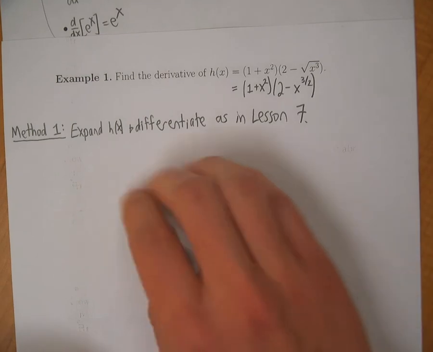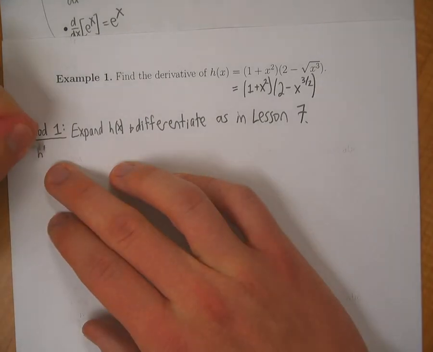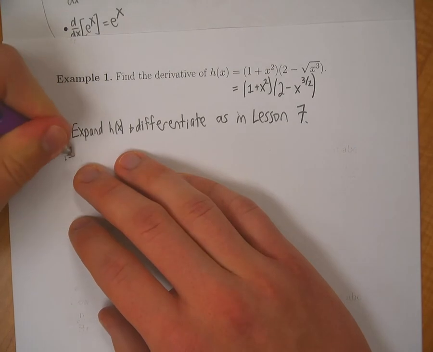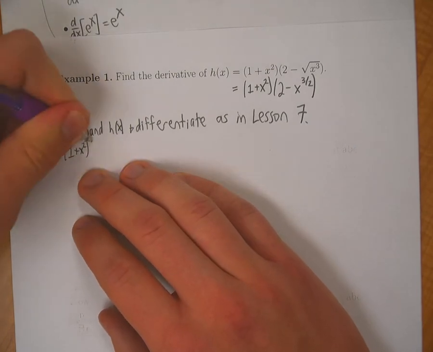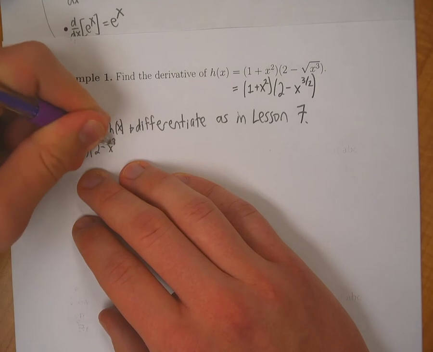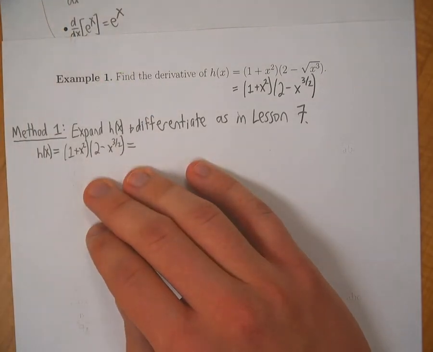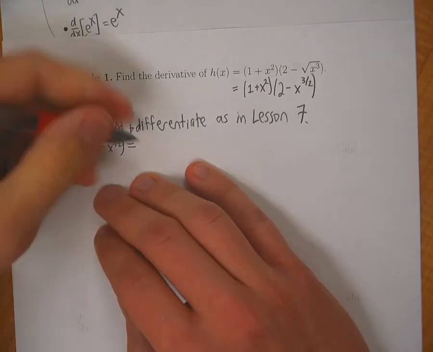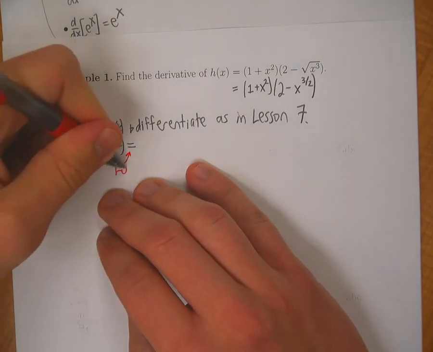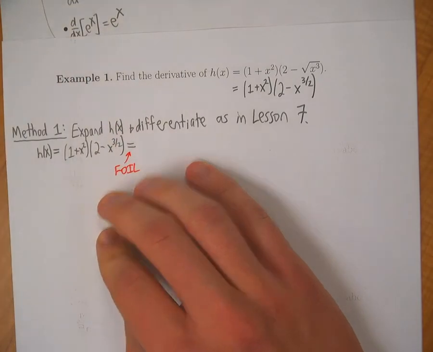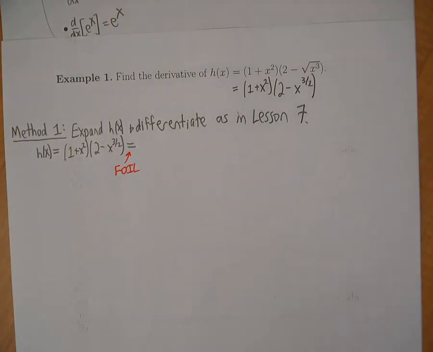So here's what I mean by that. So h of x, if we have 1 plus x squared times 2 minus x to the 3 halves, then if we were to expand that out using the FOIL method, what should we end up with as our other way of expressing h of x here?